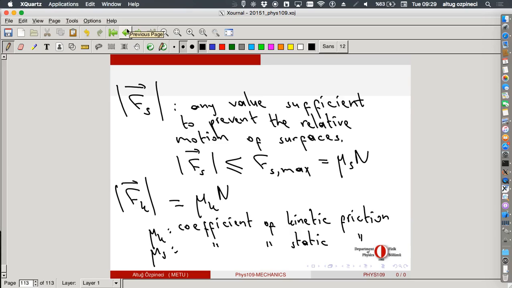And when you are stopping, your acceleration is in the backward direction. Because initially your velocity was in the forward direction, finally it is zero, so your velocity changed in the backward direction. That is the direction of your acceleration, and that should be the direction of the net force acting on you. So the friction force, which is the only horizontal force acting on you, should be in the backward direction in that case.